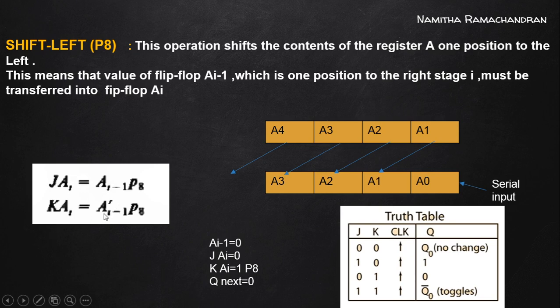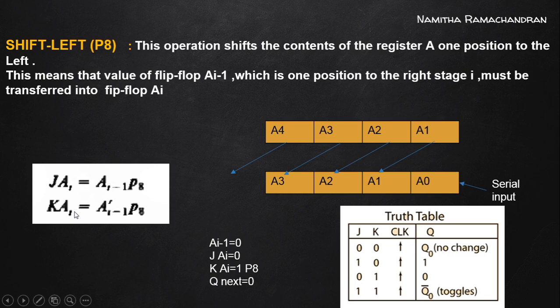Here also the K value is represented with the complemented form of the AI minus 1th position value in the previous state. So consider this example. Suppose our AI minus 1 value holds 0. Using this expression, JAI becomes 0 and P8, that is 0 itself.